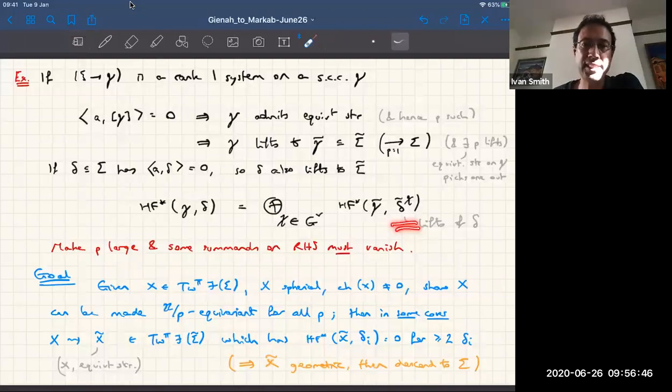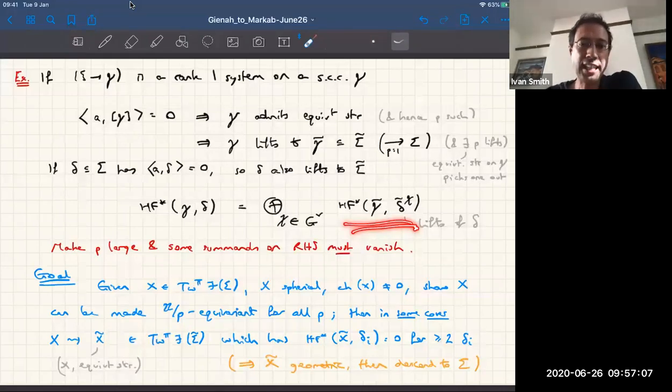And the point is just that this is now a direct sum indexed by P things, the size of my group. So if P is big, some of these objects on the right must be 0. I mean, some of these summands. Because the left-hand side is some fixed rank thing and the right-hand side is indexed by P things.